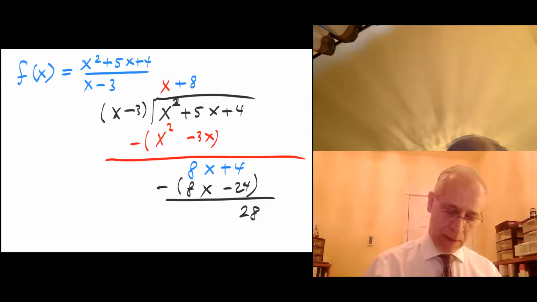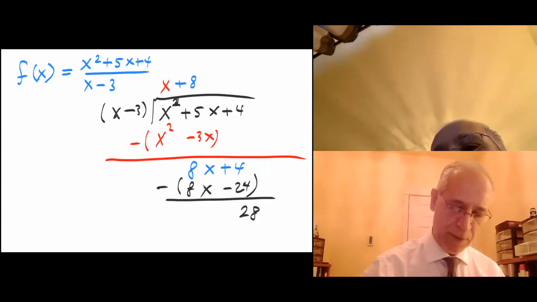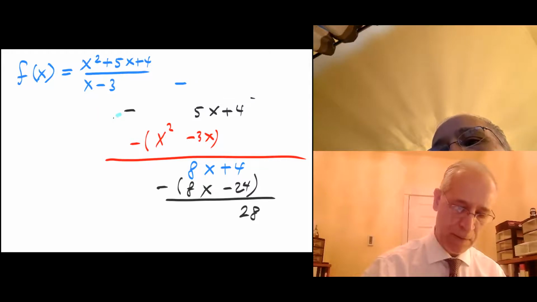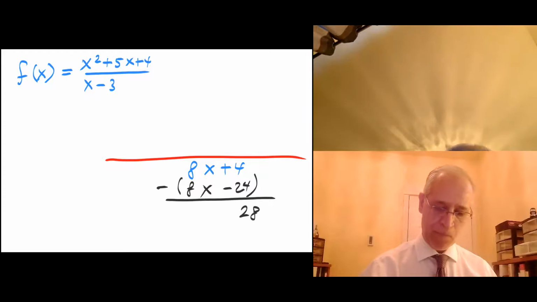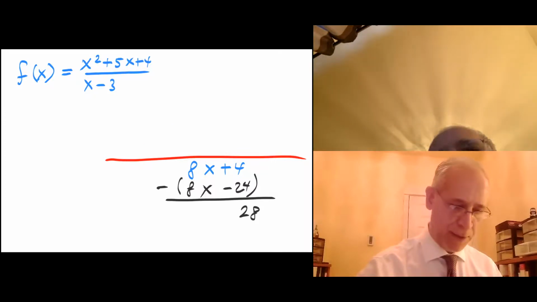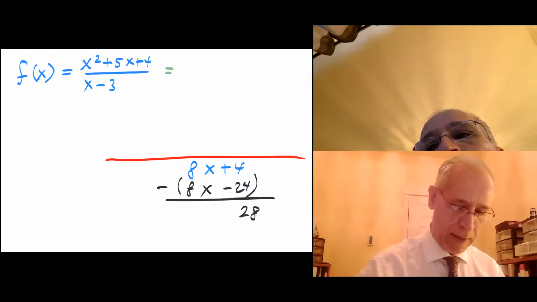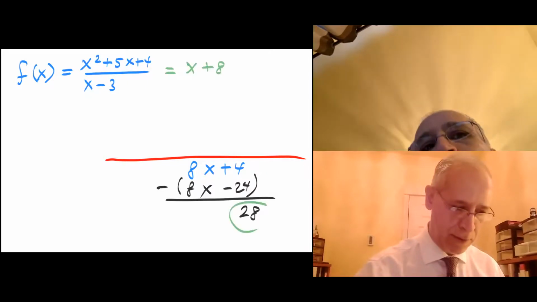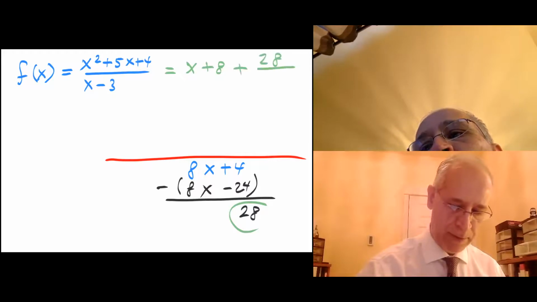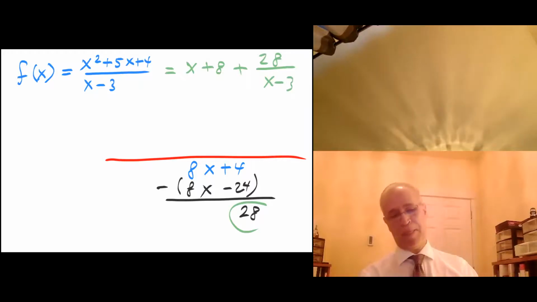So let me change color to green. Let me give myself a little bit of room here. So after we did this division, we got x plus 8, and the remainder here is going to be plus 28 over x minus 3. Okay.